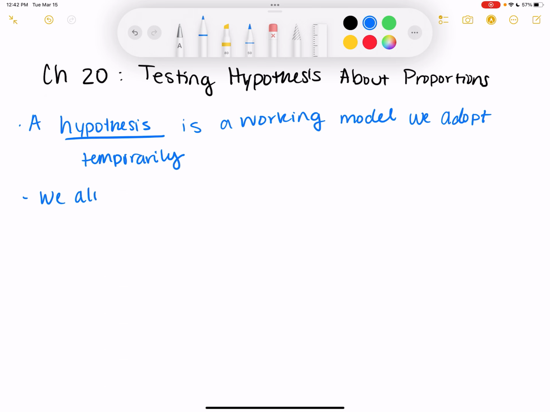this part. We always assume no changes. Can I spell that?